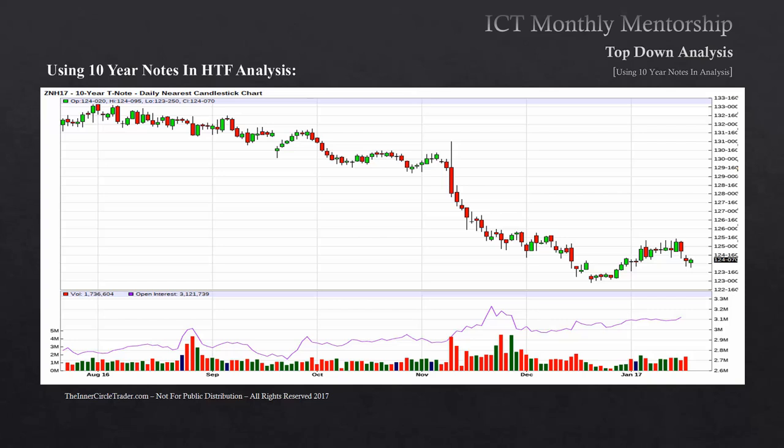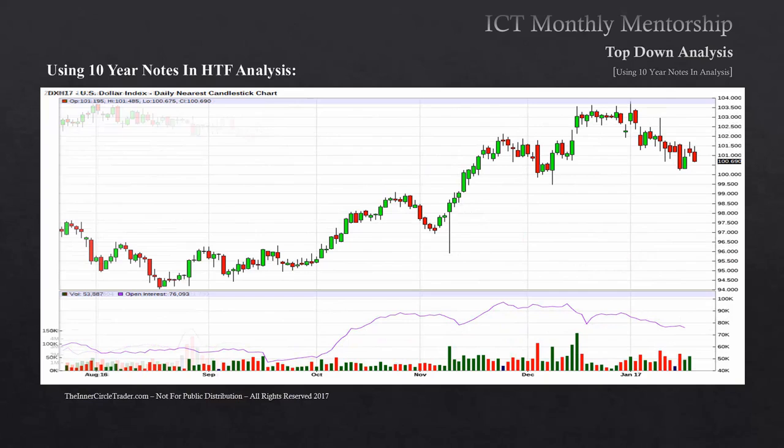If we see this occurring, and it's now trending, it's not in consolidation, it's downtrending for the 10-year Treasury notes, that's going to provide the opportunity for the dollar index to do the opposite, but also do it in a fashion that's in a trending mode. You can see in November we had that same effect, just in opposite terms, where the election showed the sell-off in the 10-year Treasury notes.